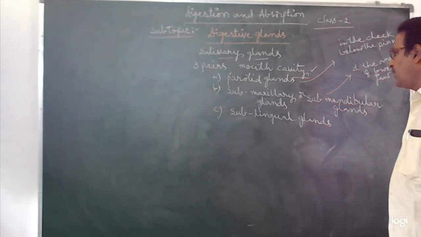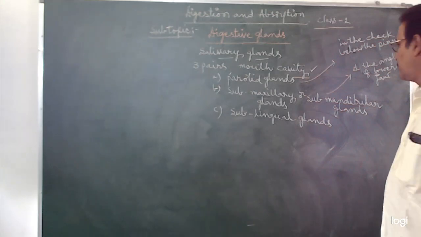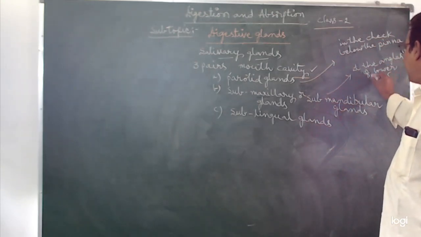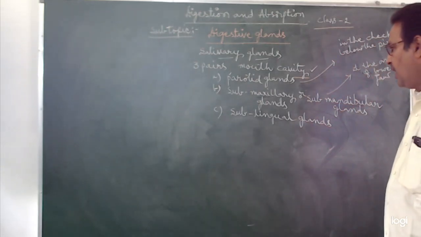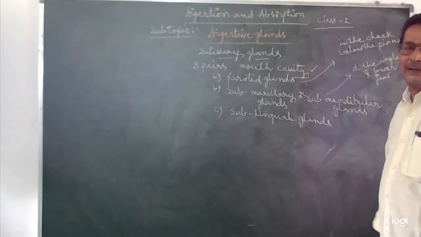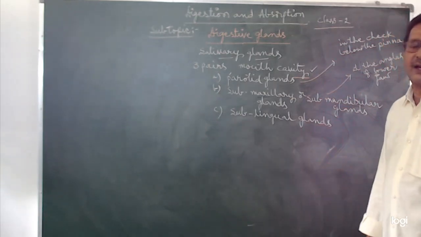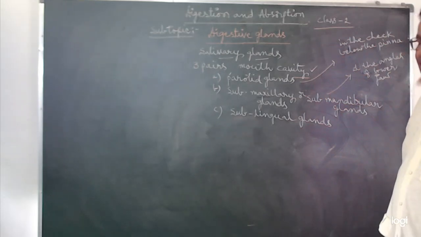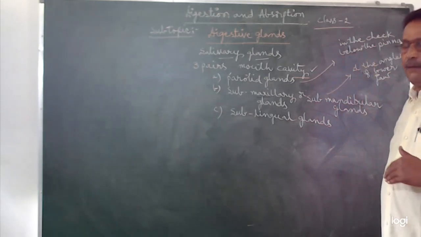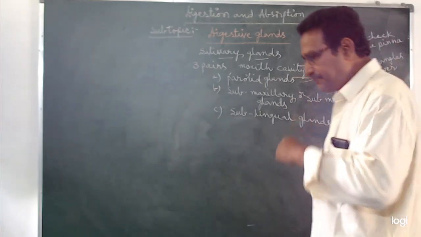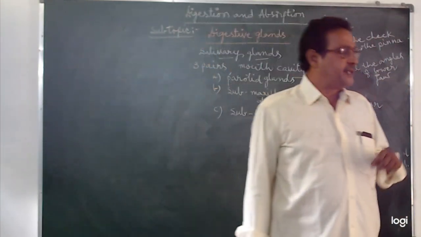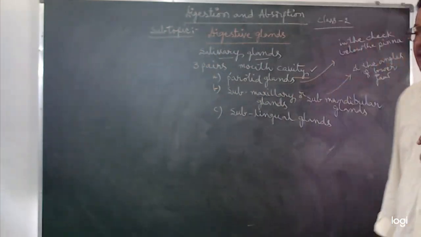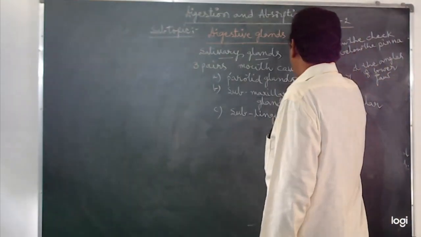Similarly, submaxillary or submandibular glands are at the angles of the lower jaw. And the third pair, sublingual glands, are present below the tongue. The secretion secreted by these glands is called saliva.